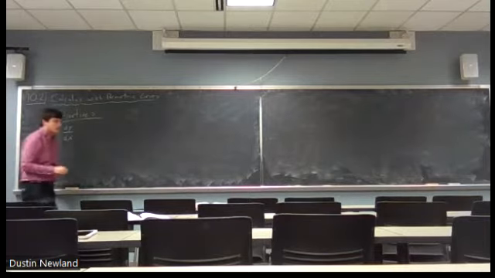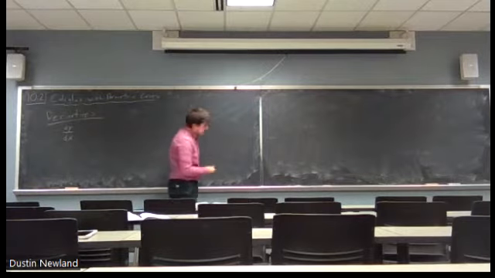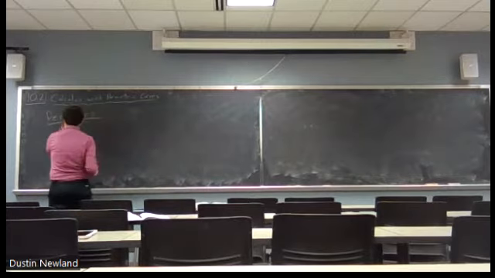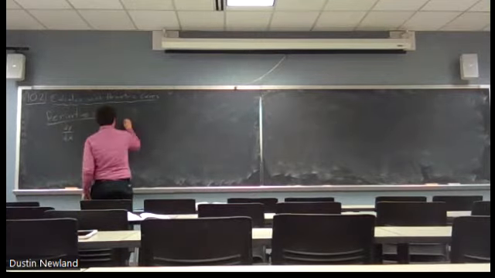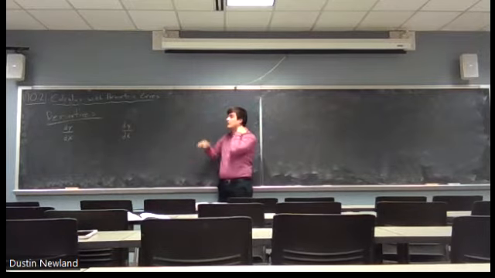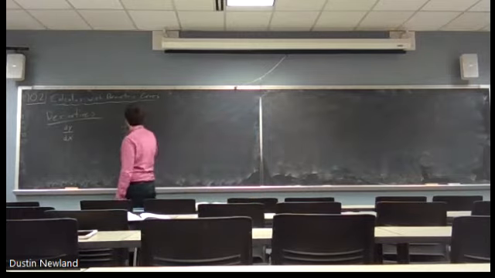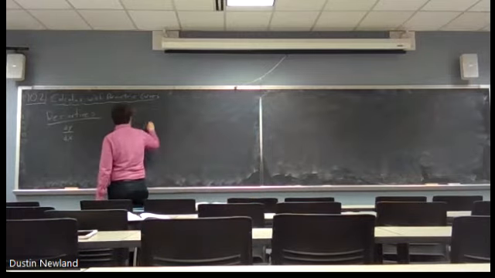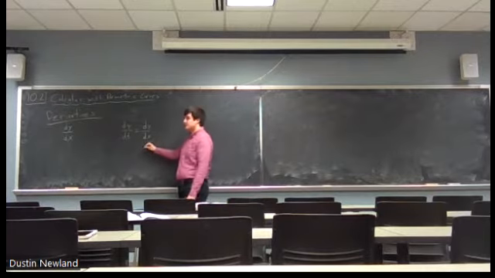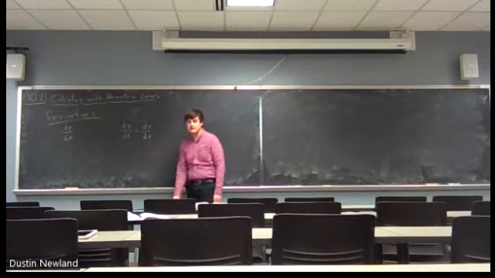But let's think about dy over dt for a moment, just the derivative of y with respect to t. How is this related to dy over dx? What would I need to multiply dy over dx by to give me dy over dt?